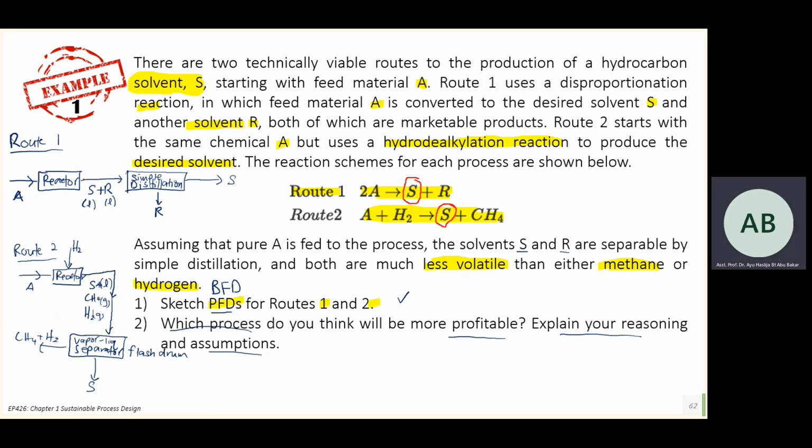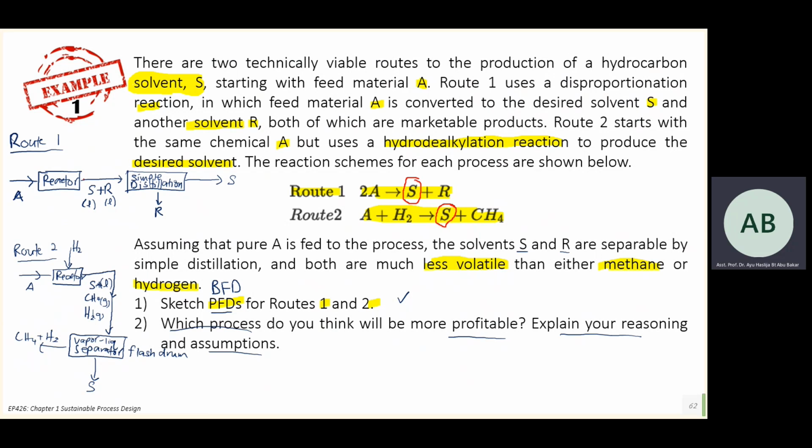Byproduct in route 2 can be sold. Correct? Okay, profitability here, not necessary to focus on the cost of equipment only. Perhaps for route 2, you produce byproduct methane, which can be sold.